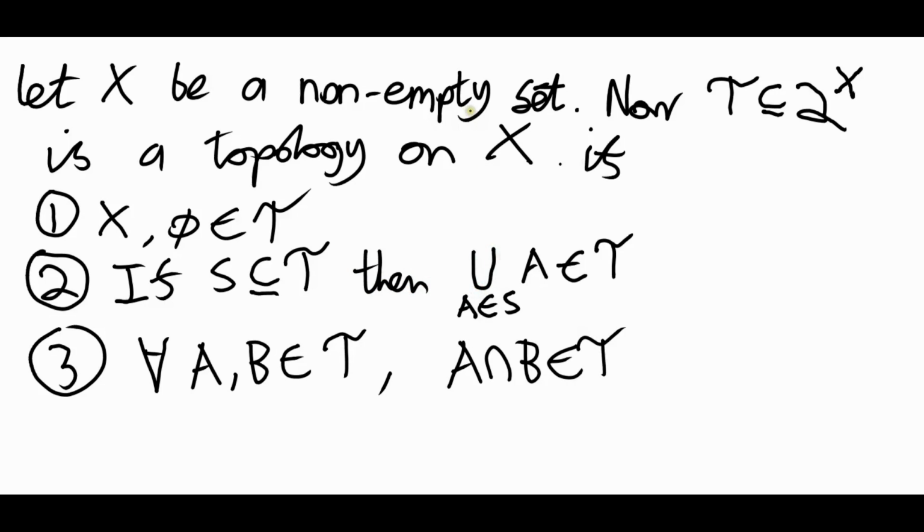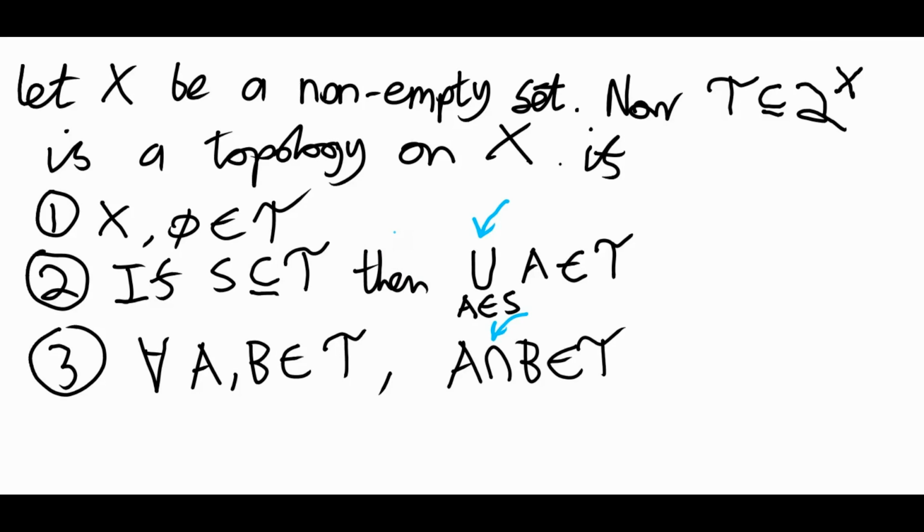We're using a little bit more notation here. This symbol, this cup, means union, and here this says we're taking the union over members A of S, and this symbol here means intersection, this cap symbol.